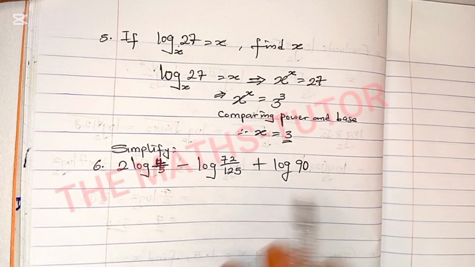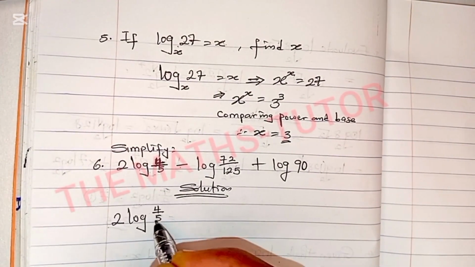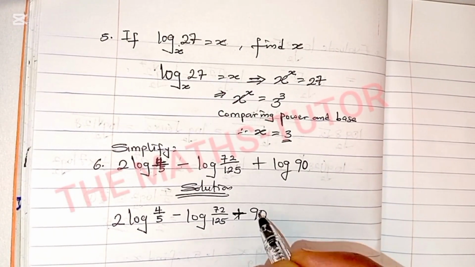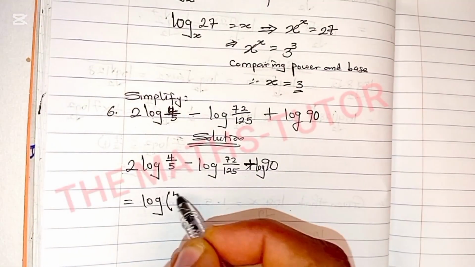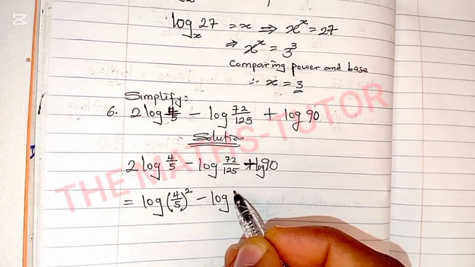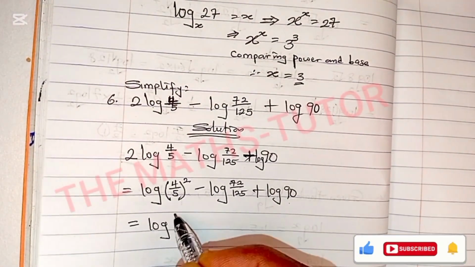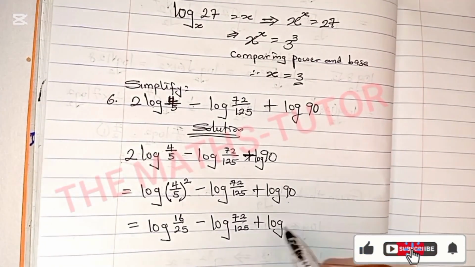In this very next example, we apply quite a few laws. First, we ensure that the 2, which is the coefficient, becomes an index, and then we'll go on to ensure that the subtraction sign becomes a division sign, and then the addition sign becomes a multiplication sign. Remember the first two laws that we are given. When you are subtracting, it is the result of a division, and when you are adding, it is the result of multiplication. So we use those laws here.